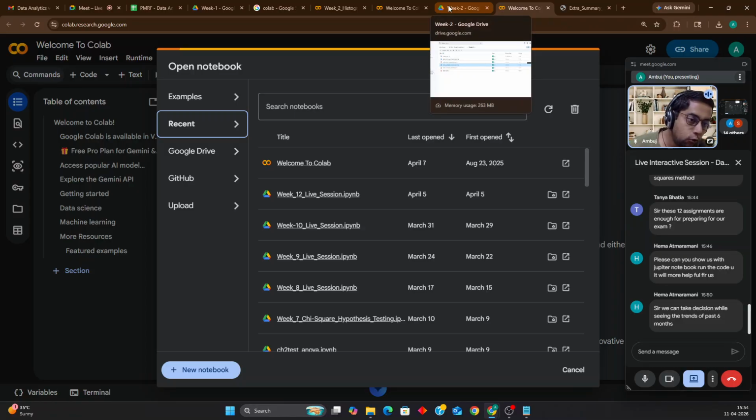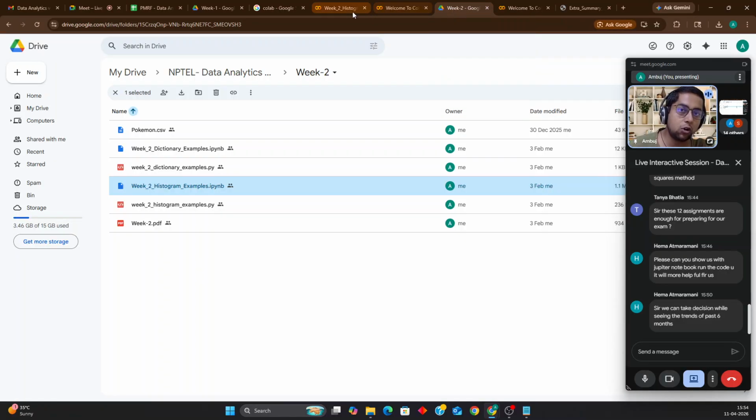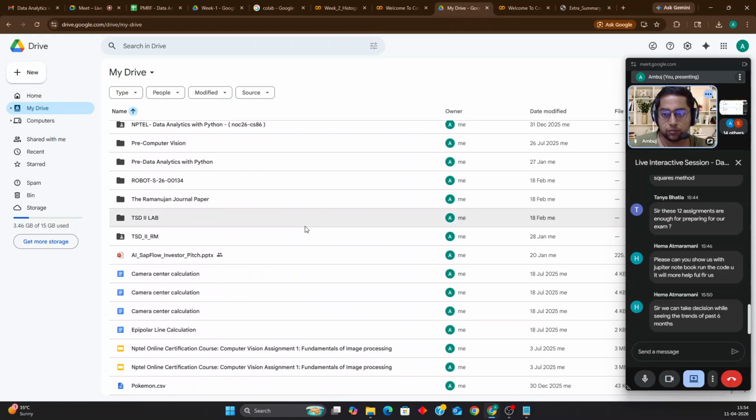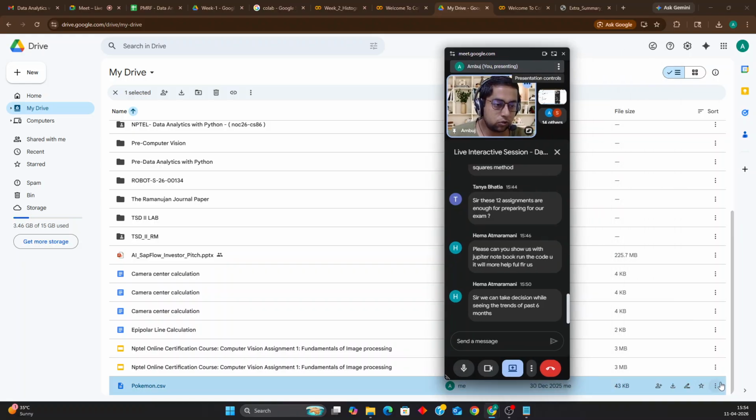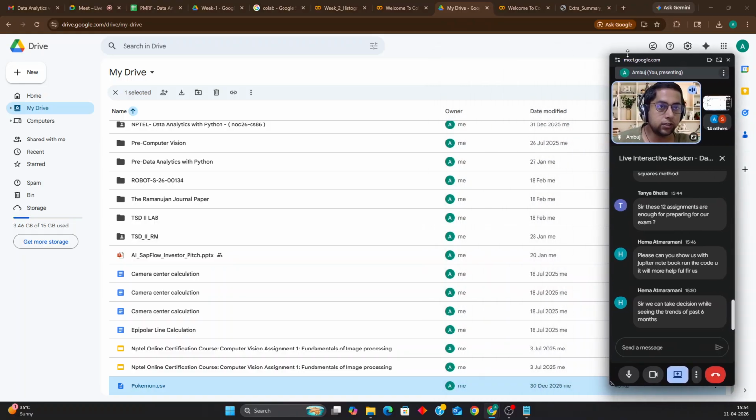Download any of the open access CSVs. There are a lot of data sets on Kaggle and on GitHub. Download any of the open access data sets. This Pokemon.csv, I'll give you in this particular folder, so you won't have any problem. Just upload it in the drive. That's it.